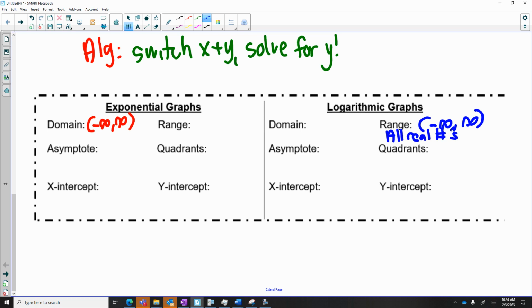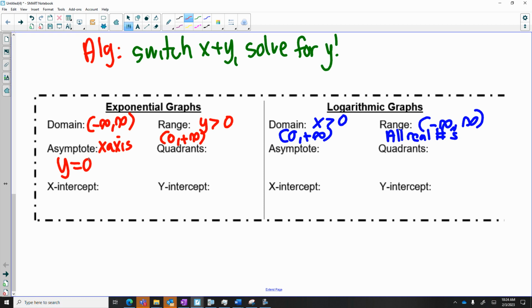The range of the original was y is greater than 0, or 0 to infinity. That becomes the domain of the inverse: x is greater than 0, or 0 to infinity. The asymptote of the original was the x-axis, which was y equals 0.